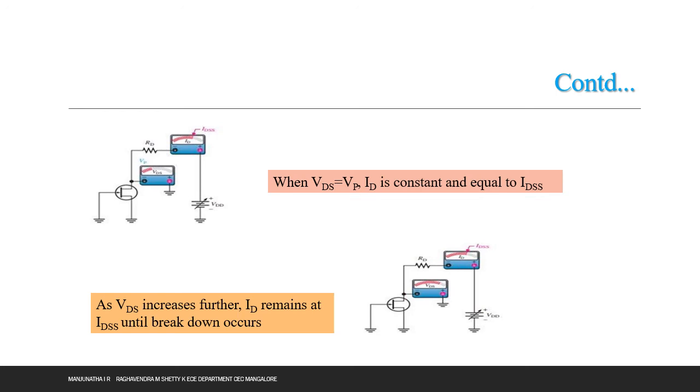Now observe VDS from the voltmeter in the second figure and first figure. Here in the second figure, VDS is more as compared to the VDS value showing in the first figure. There is a difference in VDS. But coming to the drain current, observe the ammeter.